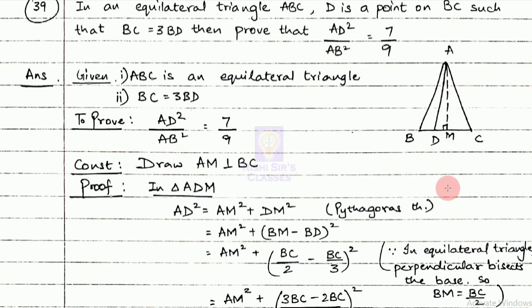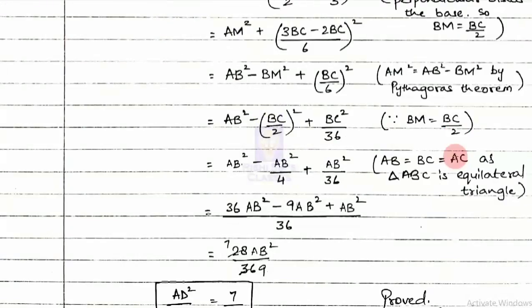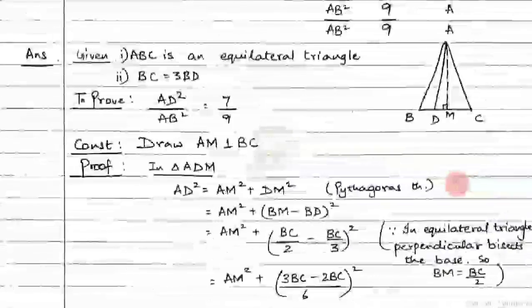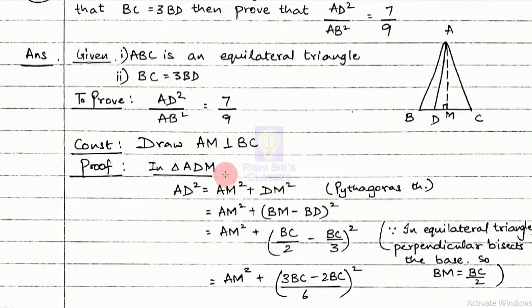After that, we will apply the Pythagoras theorem in triangle ADM and then in triangle ABM. In triangle ADM, AD square is equal to AM square plus DM square. That we know. What is DM square?